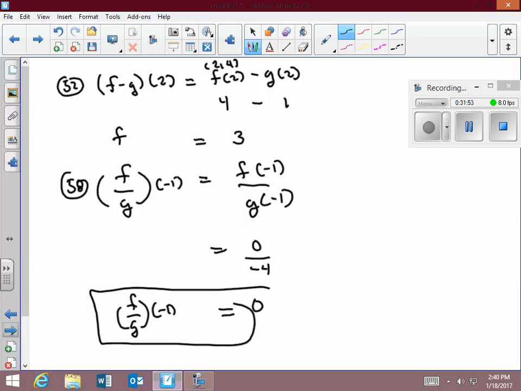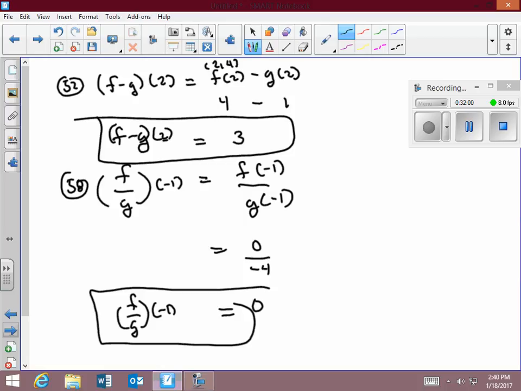Just like f minus g of 2 is 3. See how to do them? Pretty simple. You see how to do it? Any questions on those?